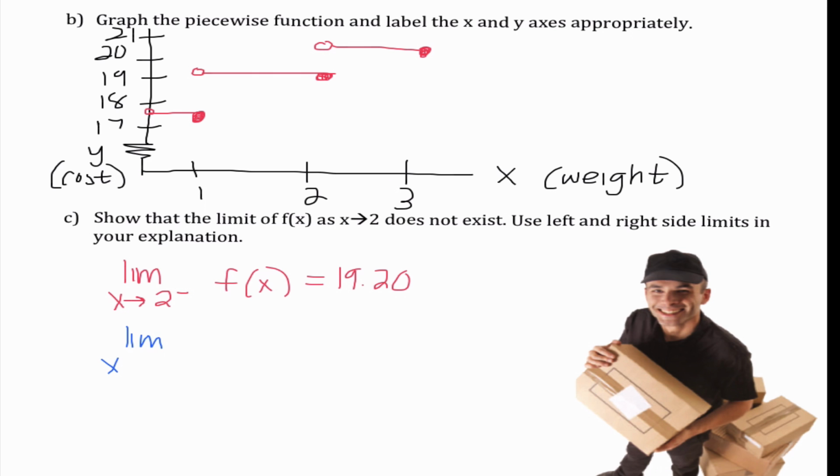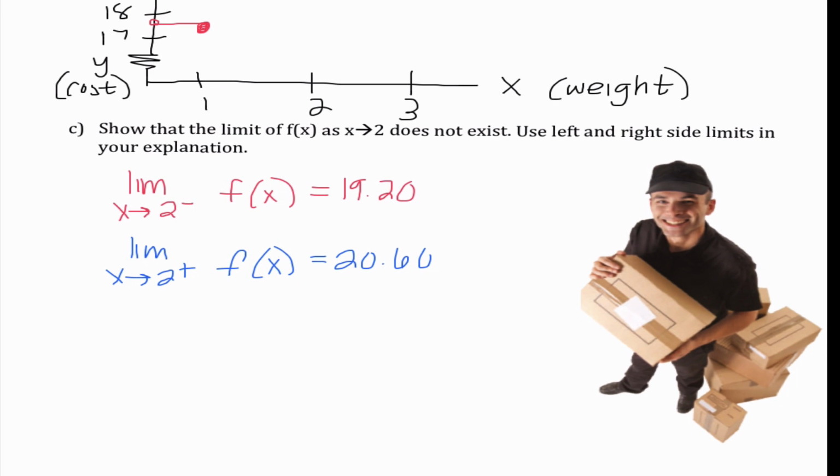Then I need to find the limit as x approaches 2 from the right side of f of x. From the right side, as I approach 2, it appears that our height is going to be $20.60. So I can definitely see that these two numbers are not equal to each other.